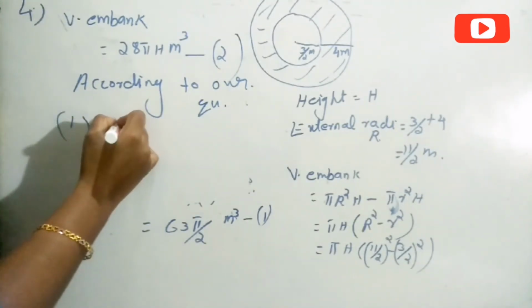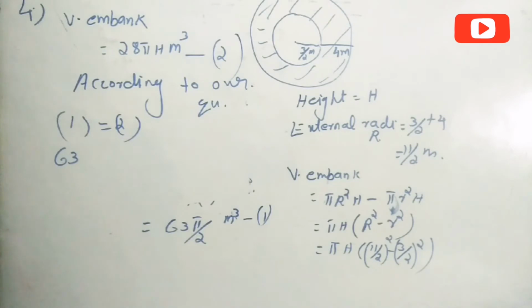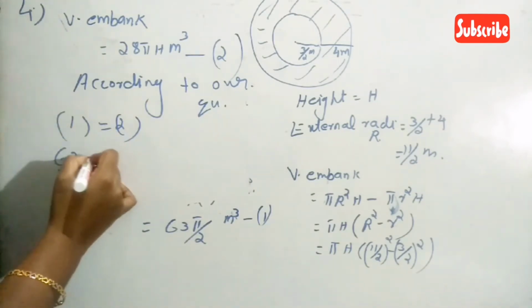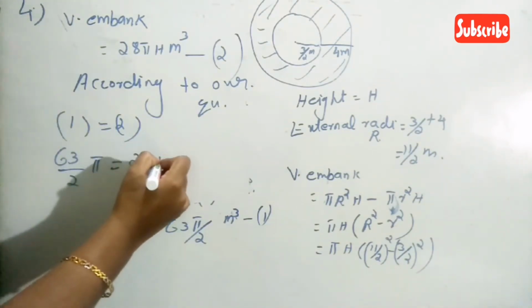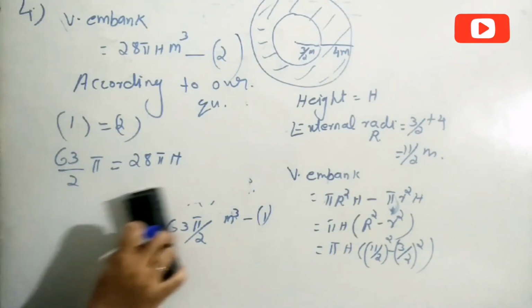That is, 63 by 2 pi is equal to 28 pi h.